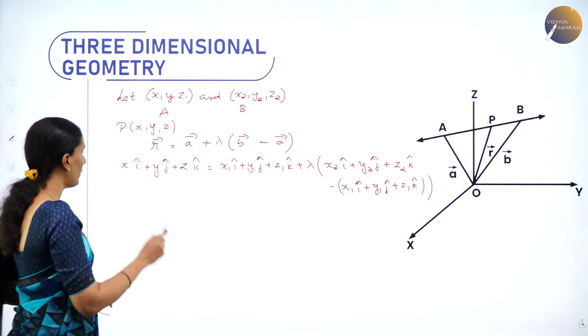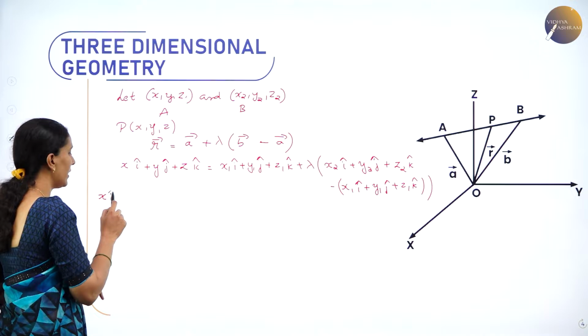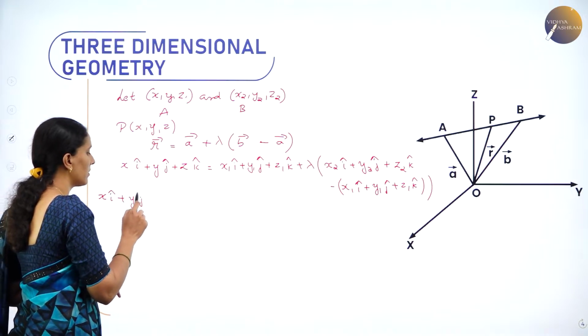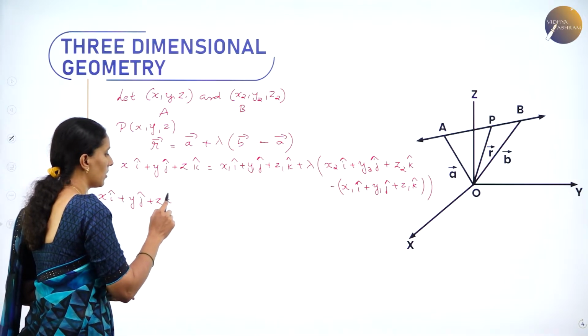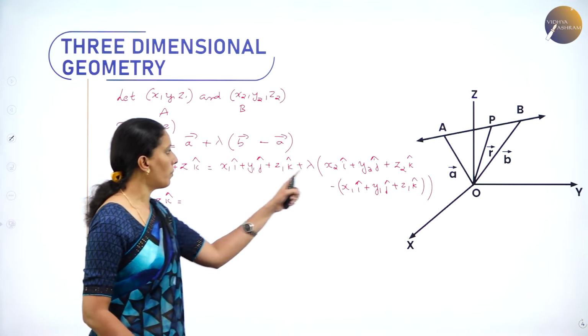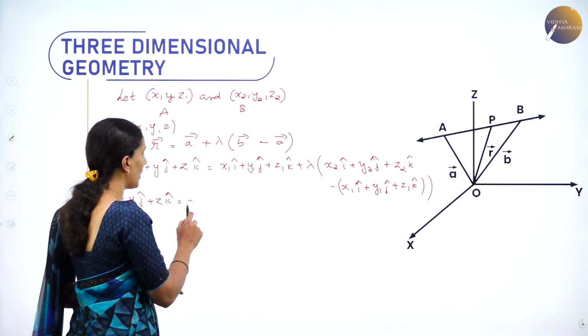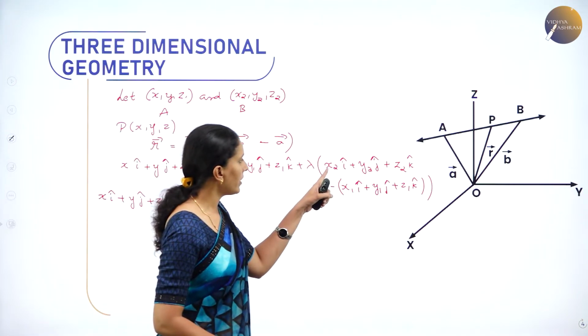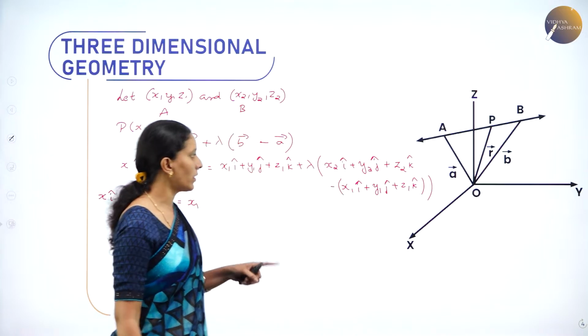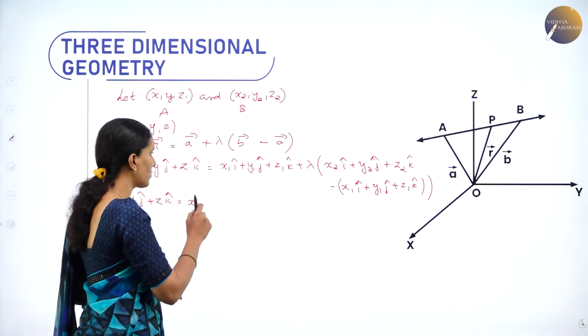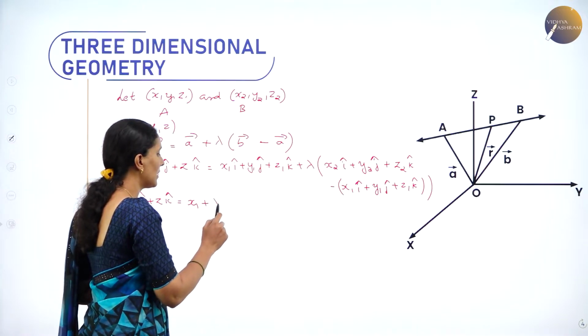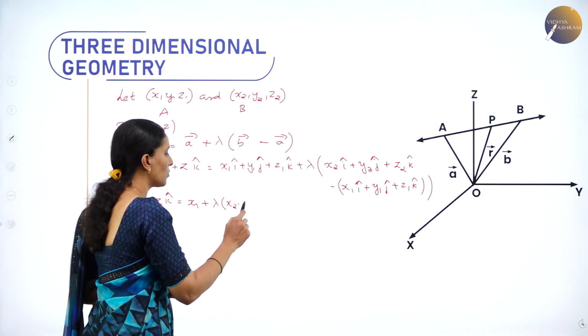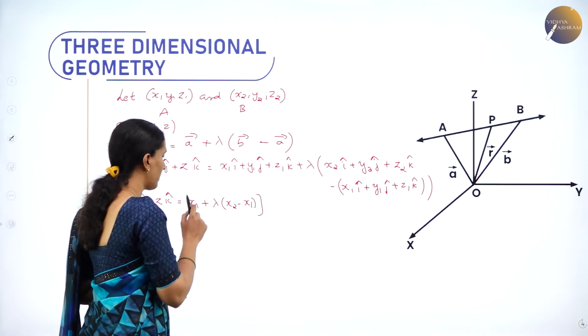So, now what we will get here, we have xi plus yj plus zk. So, let us take the components here. So, we have here x1. Here we can write in the form of x2 minus x1, that is lambda into x2 minus x1. So, x1 plus lambda into x2 minus x1 i.